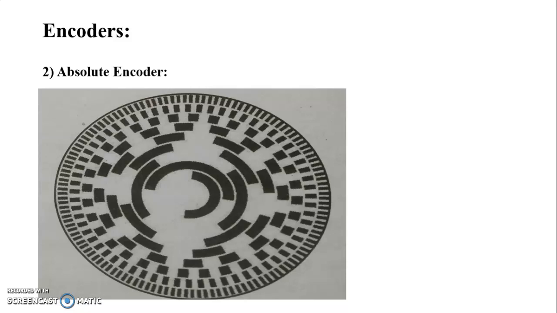Absolute encoders typically consist of a circular disk, as shown in the figure, with several sets of concentric rings. Each ring has several positions, each identified by a definite code on a glass or plastic disk. This code is represented on the disk in the form of light and dark regions within different tracks.